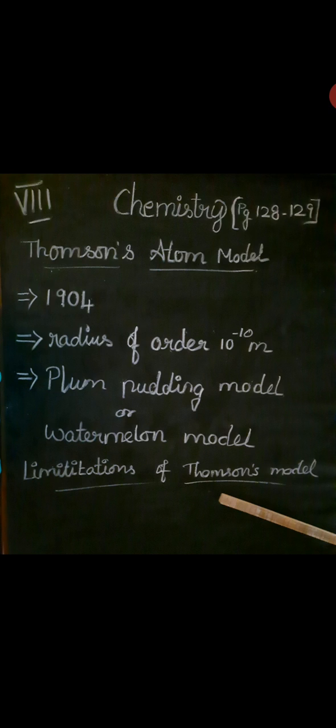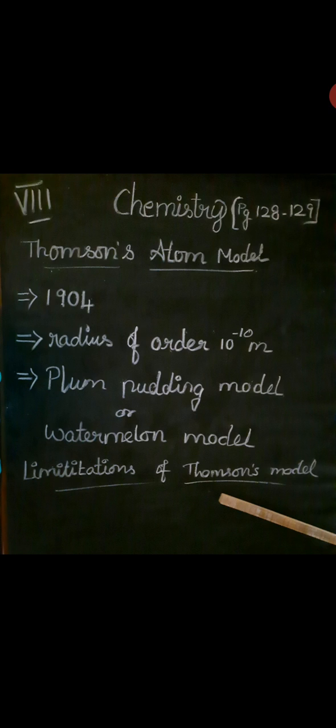So the seed is negative and the fleshy part is positive. The red mass of the watermelon represents the positive charge distribution. The plum pudding atomic theory assumed that the mass of an atom is uniformly distributed over the atom. So this is about Thomson's atom model.